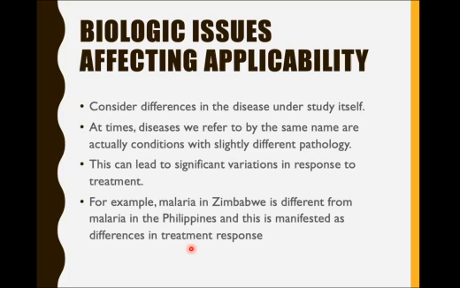For example, malaria in Zimbabwe is different from malaria in the Philippines and is manifested as differences in the treatment response. So you need to look into these biologic issues as well when you look into applicability of the study to your own patient.